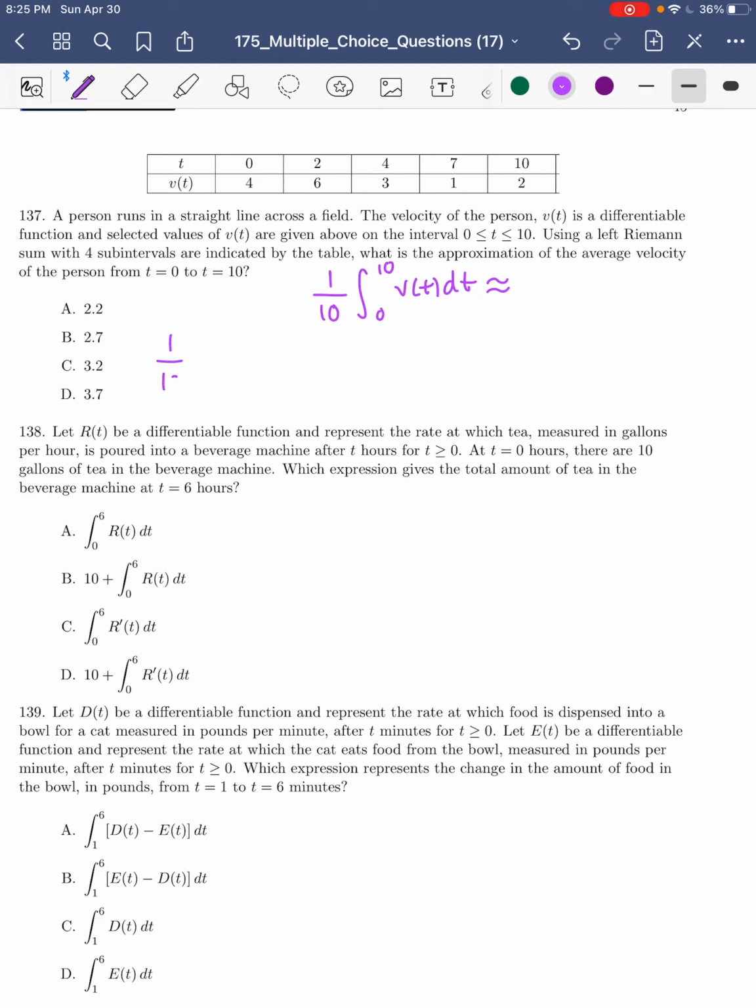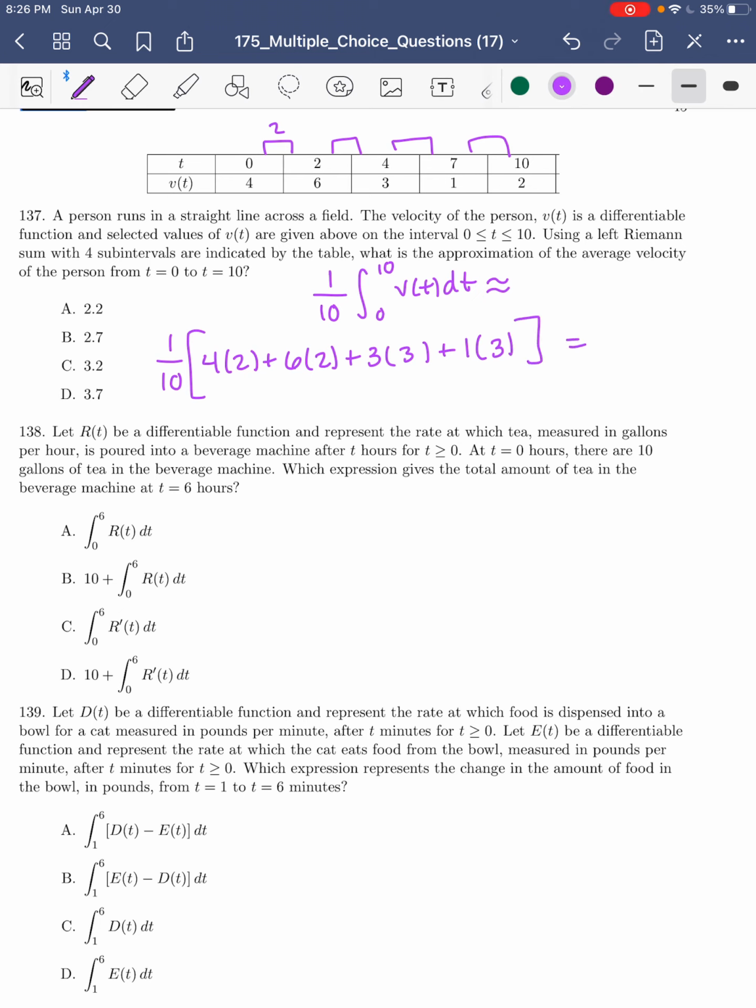So I'm going to really have 1 over 10 times 4 times my change of 2, plus 6 times my change of 2, plus 3 times my change of 3, plus 1 times change of 3.